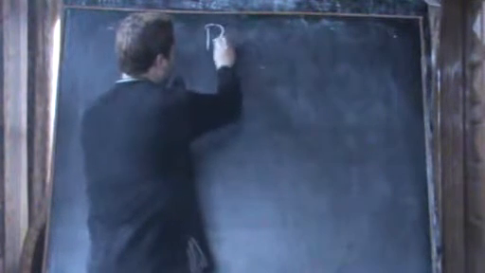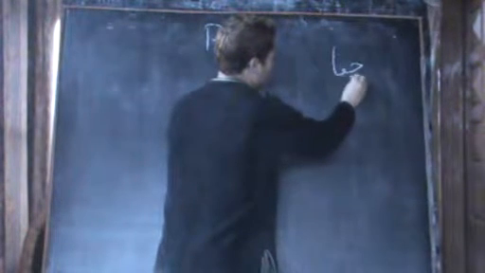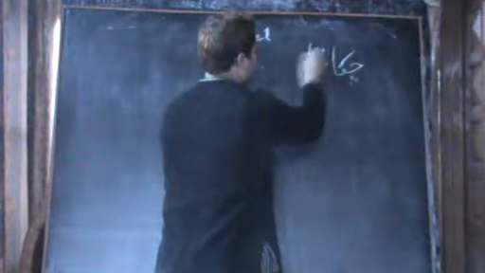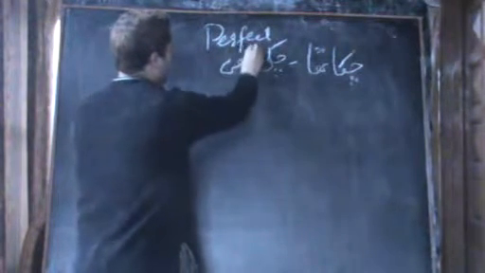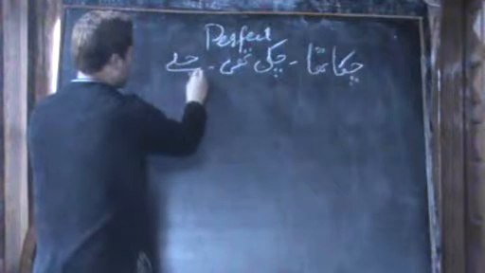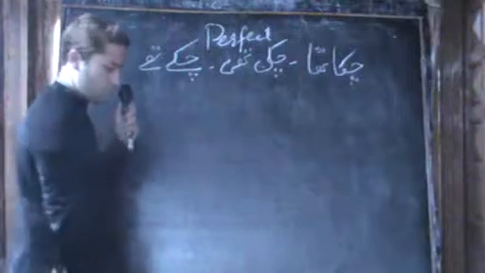Today the lesson is about the perfect, how we can translate from Urdu to English when we have the signs like in the past. We have the signs like chuka tha, chuki thi, and chuke the.